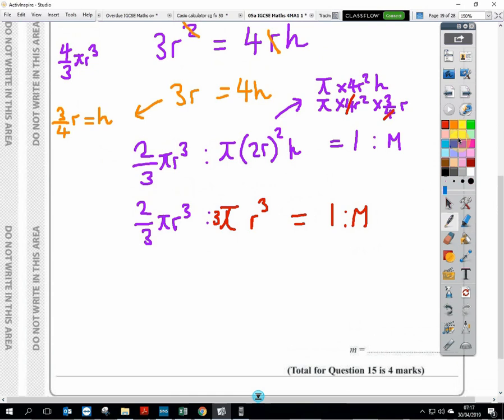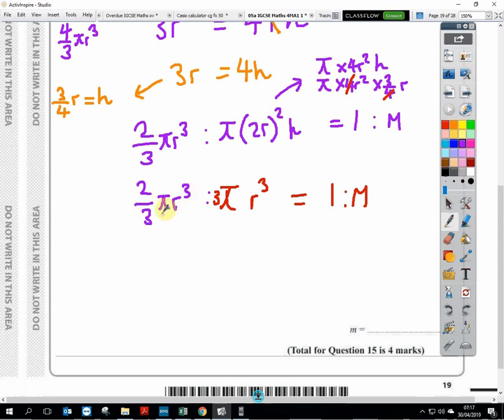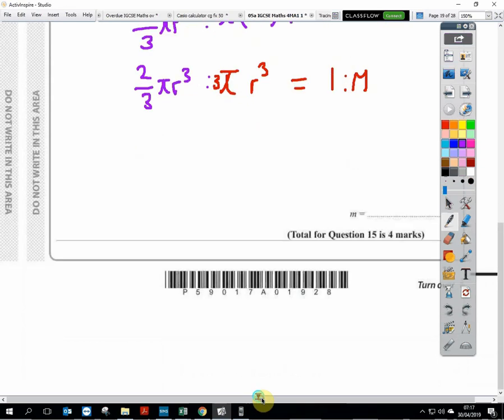Right, so how do we deal with this? Well, what we can do now is change this slightly. There's a rule that says when you have a to b and it's in the form c to d, then this is true: a over b is equal to c over d.